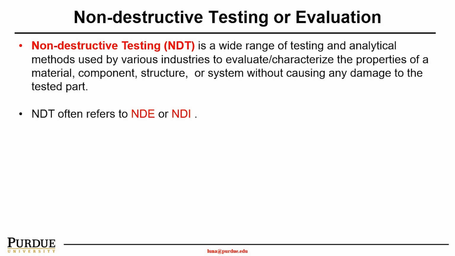Those industries use these testing methods to evaluate and characterize the properties of materials, components, and structural systems without causing any damage to the tested part. Primarily, people are looking for discontinuities or defects. NDT often refers to NDE, non-destructive evaluation, or NDI, non-destructive inspection.